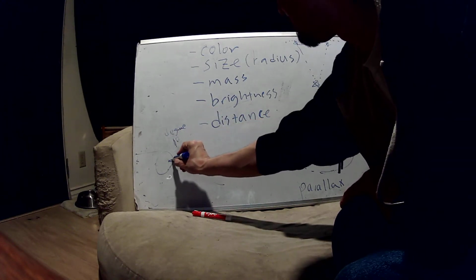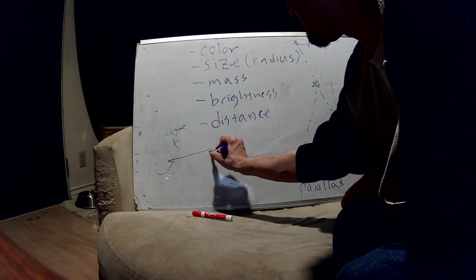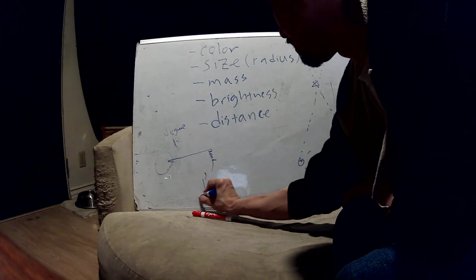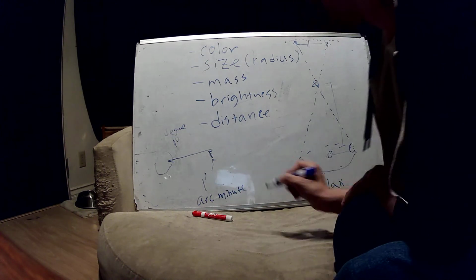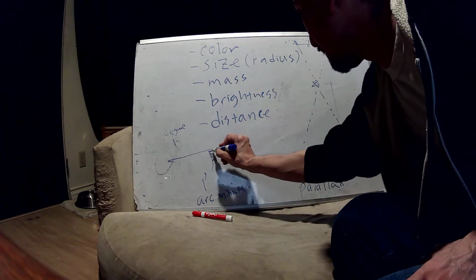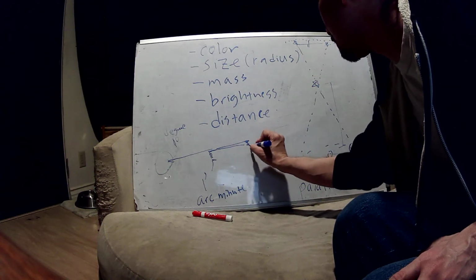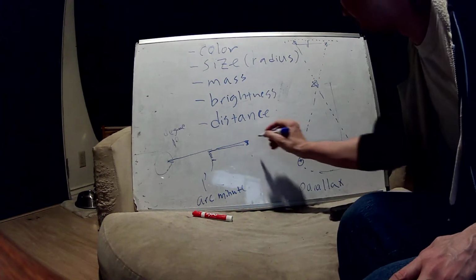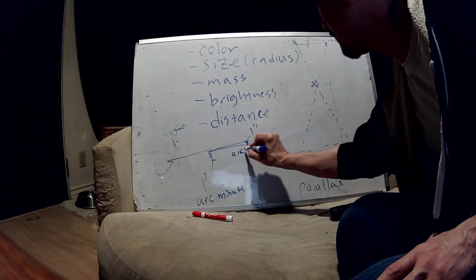If we took this 1 degree and split it into 60 equal pieces, those are what we would call an arc minute. With me so far? If you took one of these arc minutes and split it into 60 equal pieces, you would have, I'll write the abbreviation for it up here this time, an arc second.